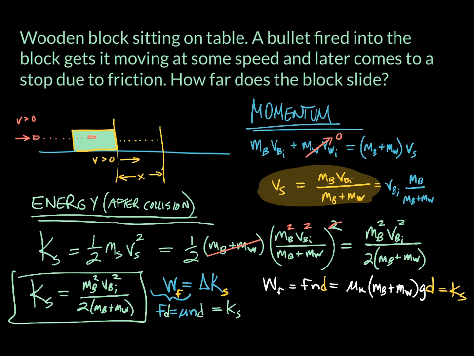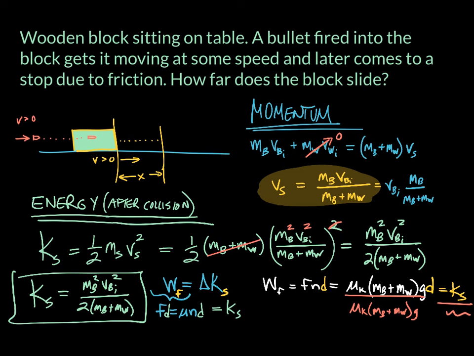So if I want to know the distance that it travels, okay, I am going to have to solve for d by dividing away all of this stuff, mu k m_b plus m_w g, and I have to divide all of that stuff by this K_S business that we just wrote.